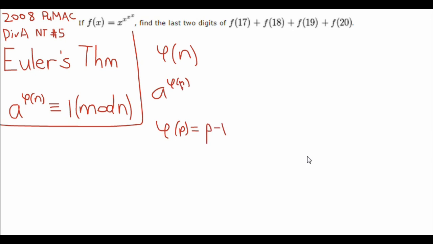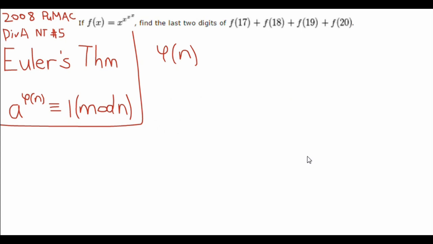So by Euler's theorem, a to the totient function of p is equal to a to the p minus 1th power, congruent to 1 mod p this time, and that agrees with Fermat's little theorem. So at least we know that there isn't any contradiction here.